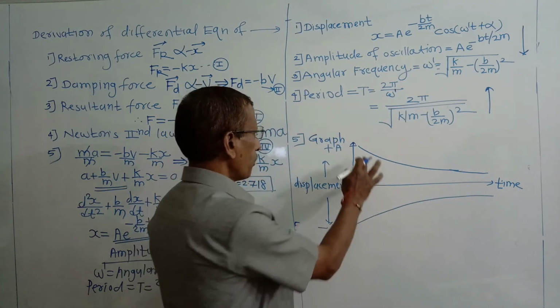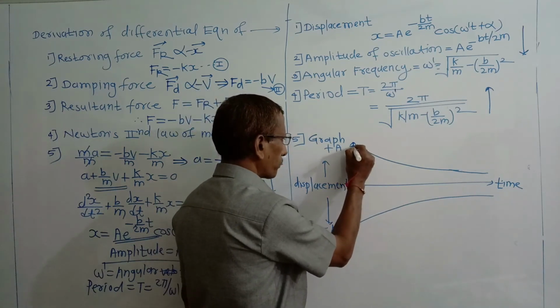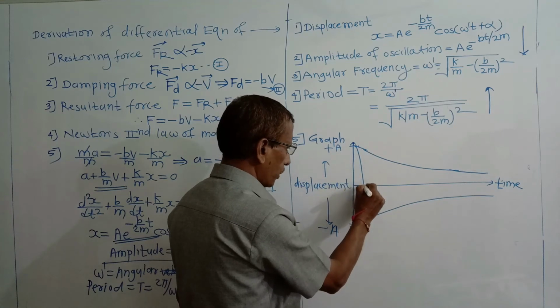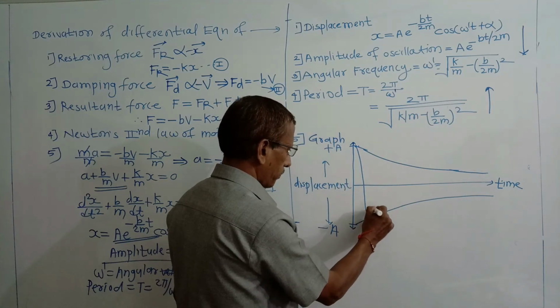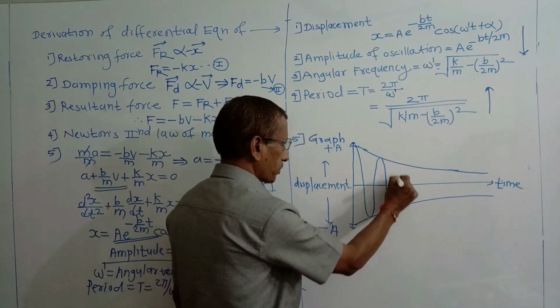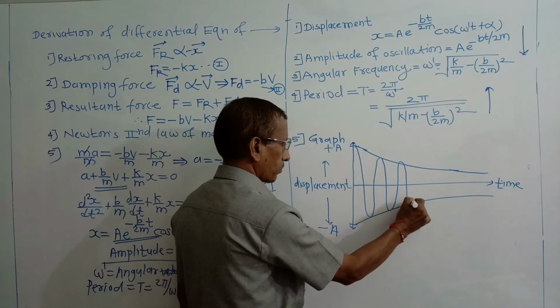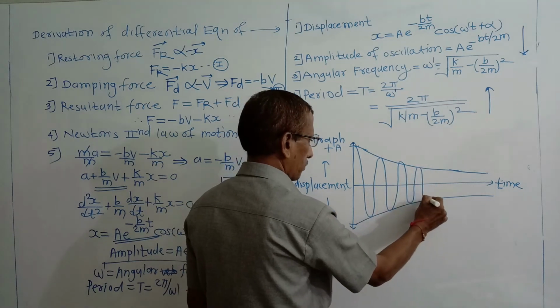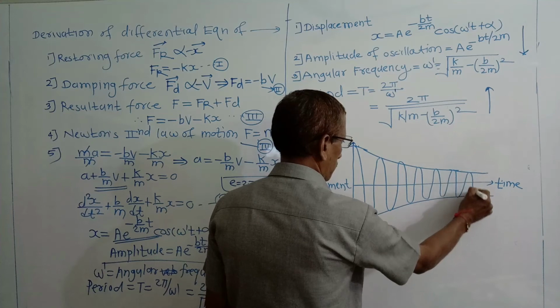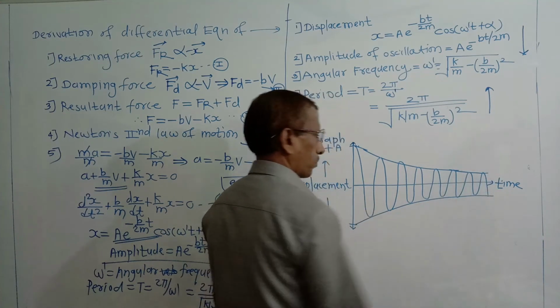Initially the amplitude is A, and due to the damped harmonic oscillation, the amplitude of oscillation also decreases.